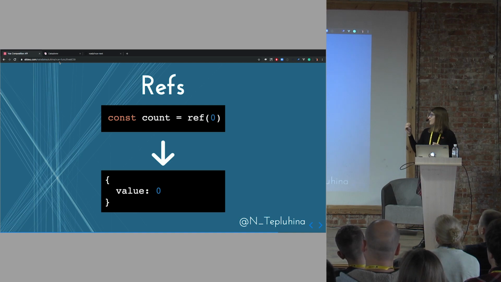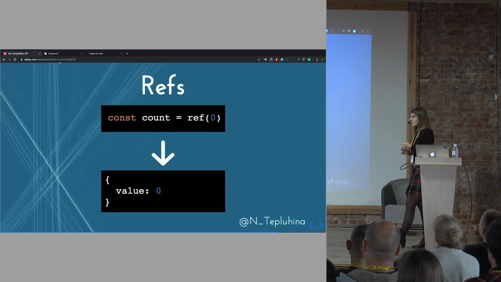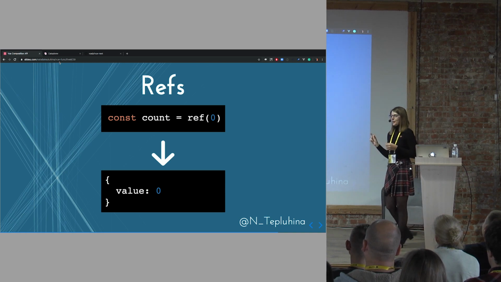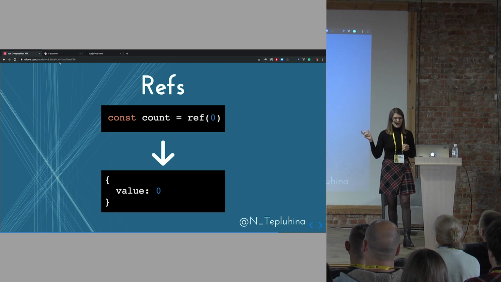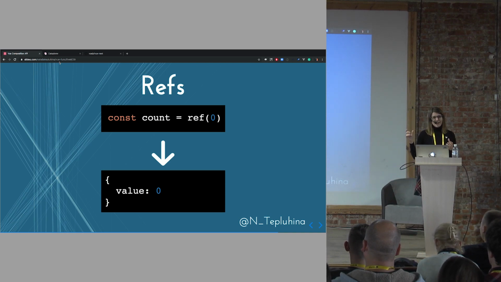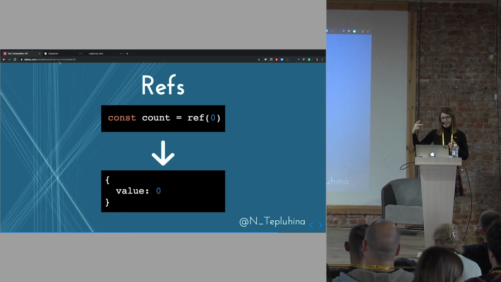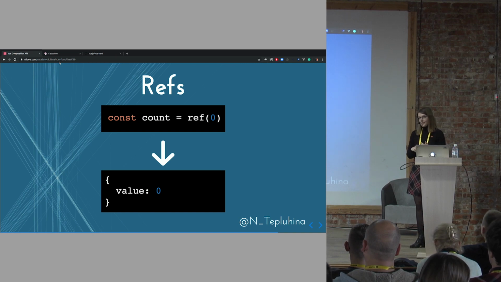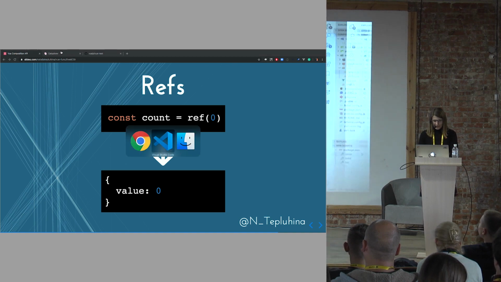That's why we have refs. And what ref is doing under the hood, it's creating an object with a single property value. And this property is actually reactive. When I'm destructuring the reactive state with toRefs, I'm creating two refs, search query and search results.